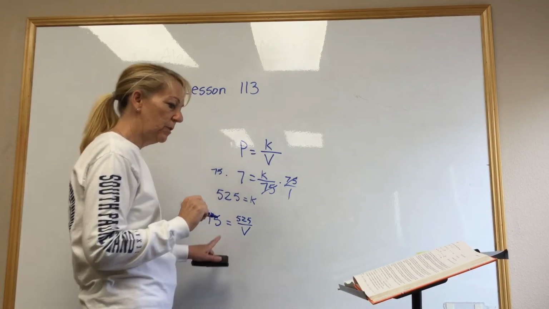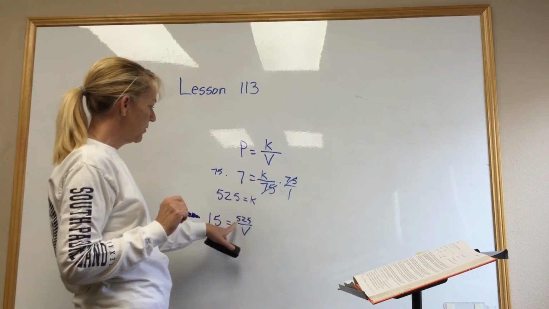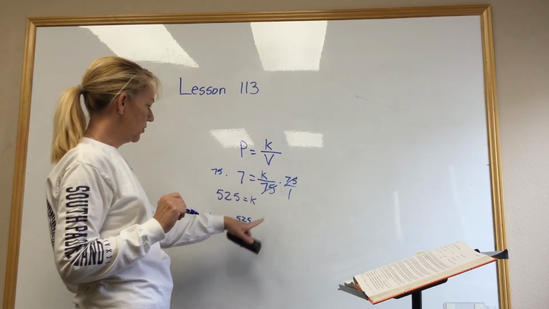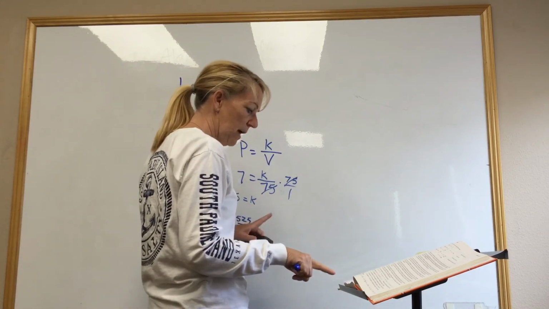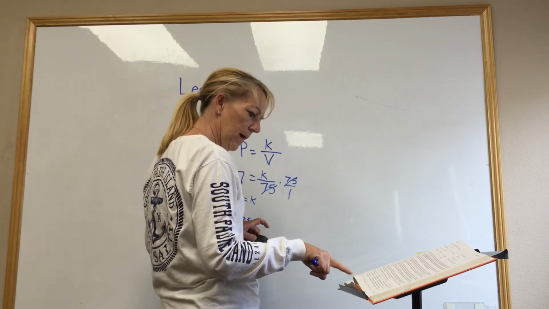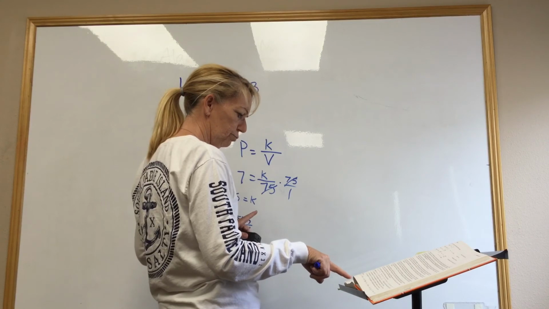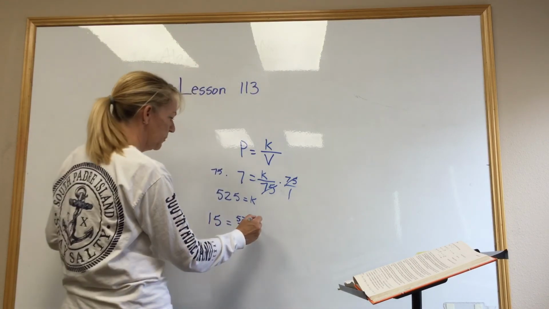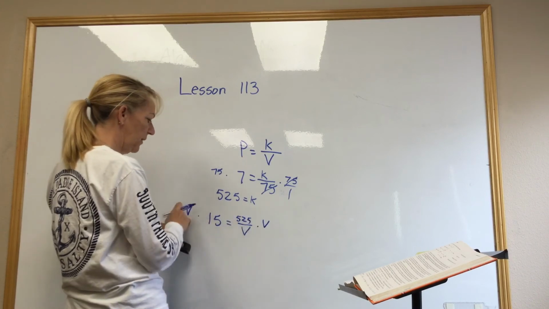Okay? Now, this is a little trickier with the variable you're solving for on the bottom of the equation. It's not as easy to just isolate the variable. So we're going to have to take that in 2 steps. To do that, first we are going to multiply both sides by V. That moves my V over here.